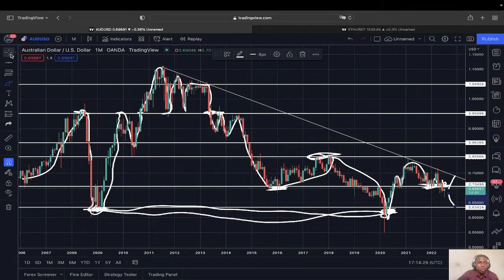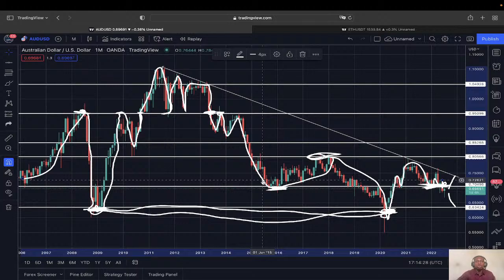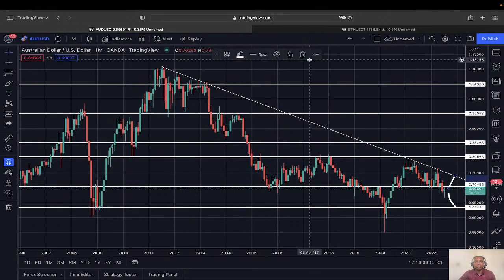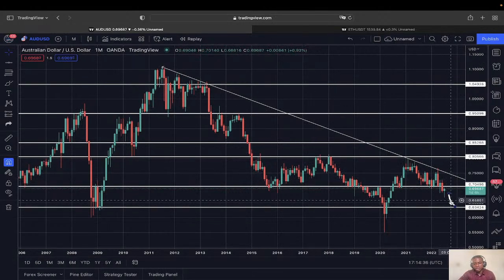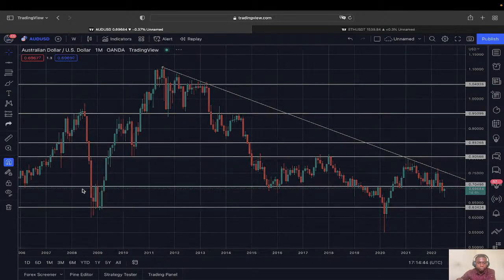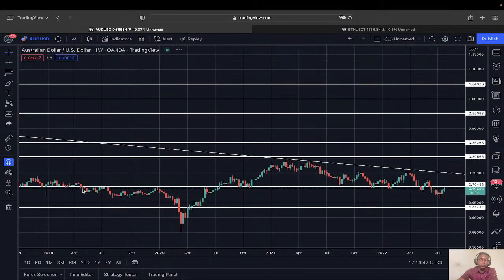Okay, so we've done a run through of how price flowed. Okay, good. So let's take it down to the weekly time frame. Okay, the weekly time frame. Good.